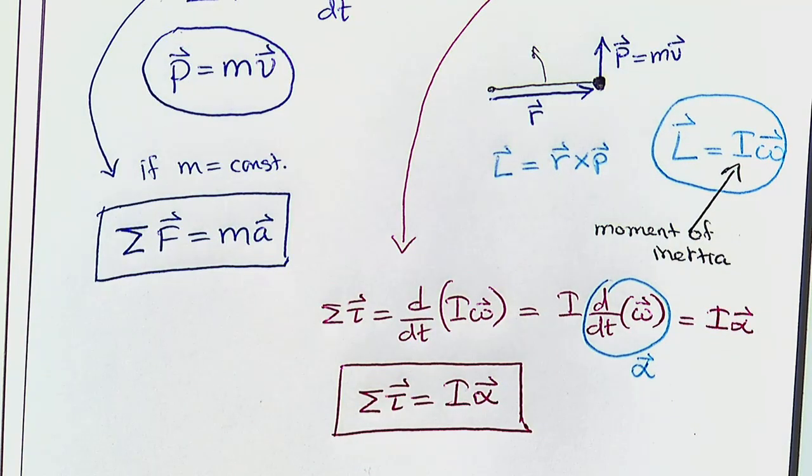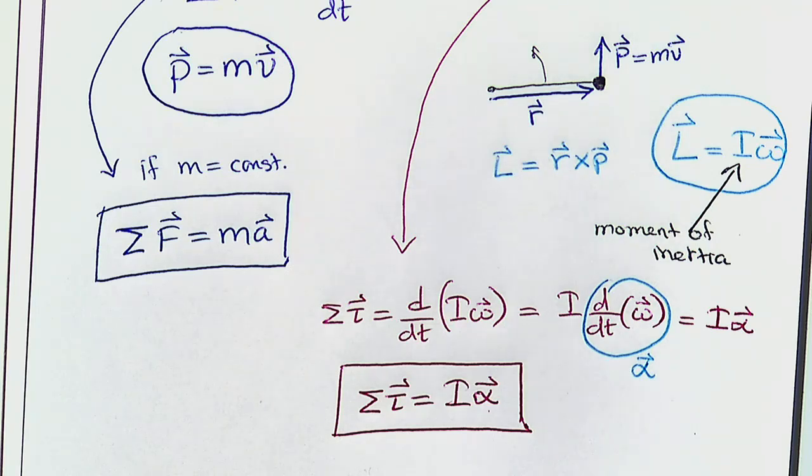So you will do problems equivalent to what you do with F equals ma, and assuming that the moment of inertia doesn't change, this is what you're going to use. And look at how similar they are. The force equivalent is torque, the mass equivalent is moment of inertia, and the linear acceleration is angular acceleration. They're very, very similar.